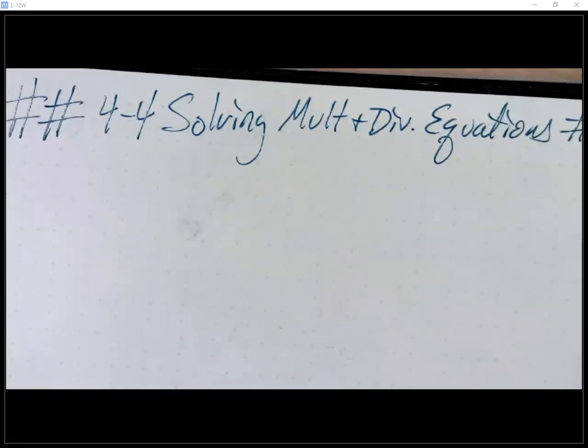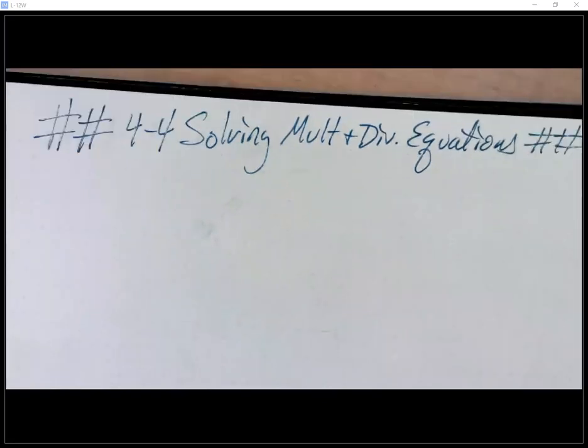So luckily, we already know how to solve an equation. We looked at them when we were doing adding and subtracting. So the goal is still going to be the same. I still want to get the variable by itself, and I'm still going to make that happen by doing the reverse of the operation that I see.